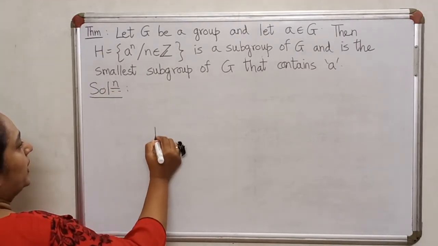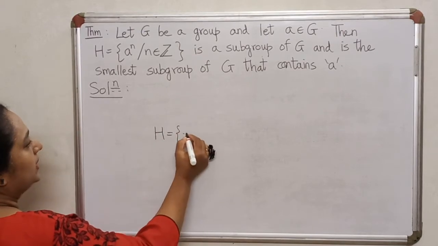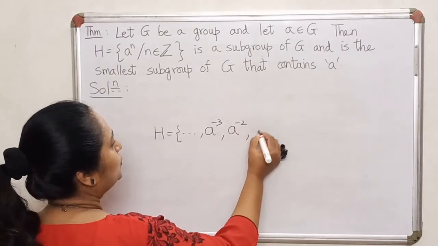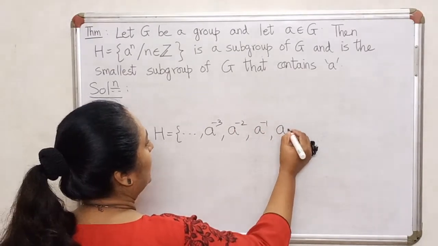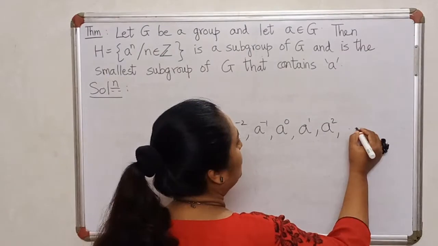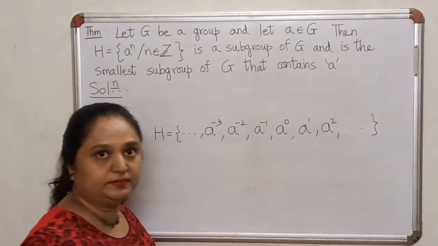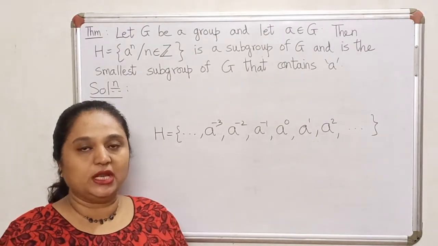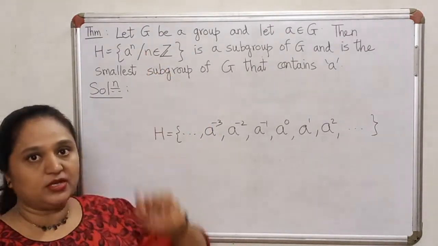Just to give you an idea, H will have elements like a raised to minus 3, a raised to minus 2, a raised to minus 1, a raised to 0, a raised to 1, a raised to 2 and so on. In the last lecture towards the end, I told you the meaning of a raised to an integer.